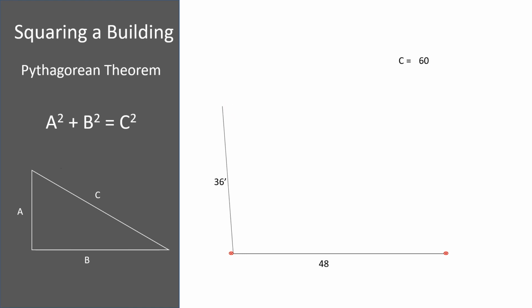You stretch your tape measure out 36 feet, then you make an arc and mark on the ground or on a wood deck, or whether it's a concrete slab, you would make a mark in the shape of an arc.